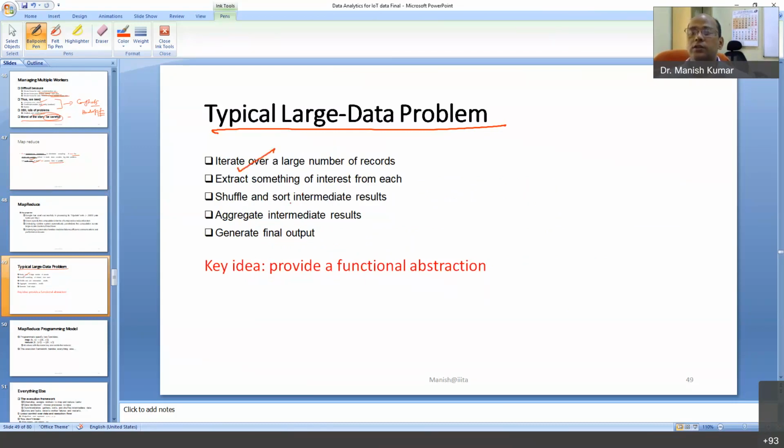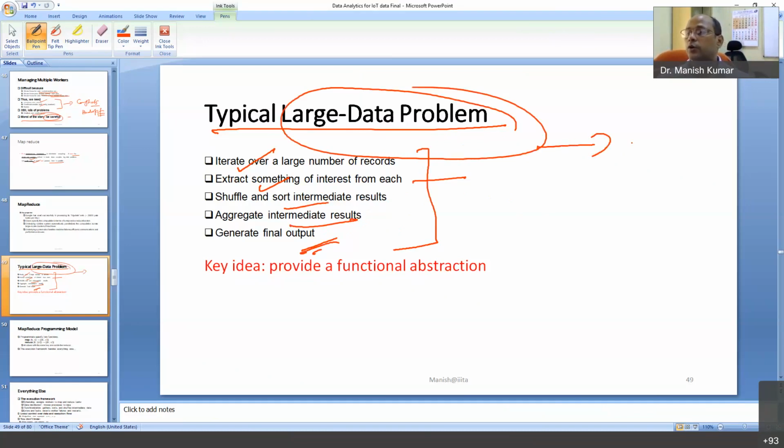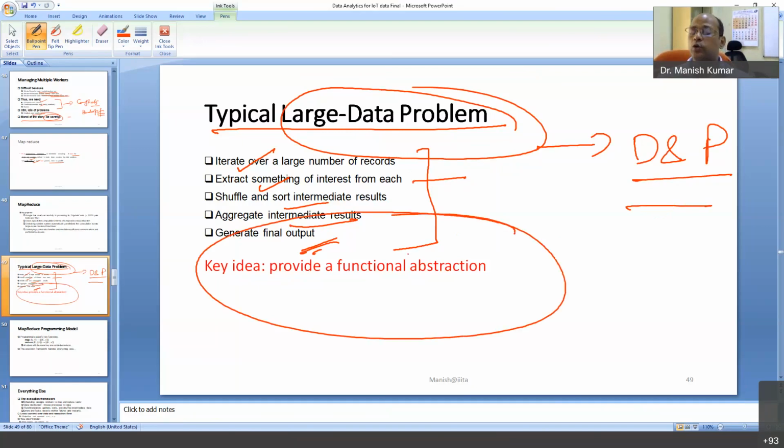It can iterate and extract something from each of the partitions. Shuffle and sorting of the intermediate results will be done. You have to have some aggregation of intermediate results, and then finally you go for the final output. So you are doing many things for any large data problem when going for distributed and parallel execution. That means you need to provide some functional abstractions to the users, and we are providing them here also.